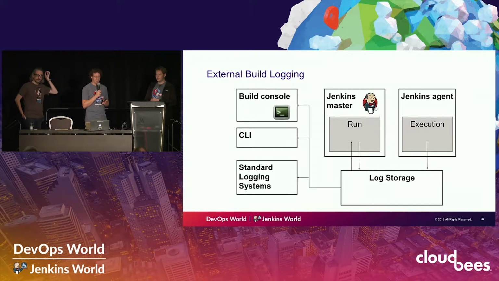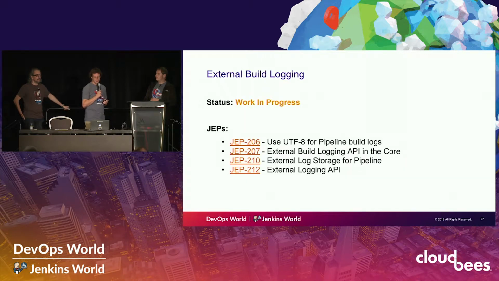But at least that's not done in every case. So this involves a number of different, somewhat tricky changes. There are some changes that need to be made to pipeline plugins to support the proper mode of streaming that we needed for this. And in order to get full support in Jenkins, including for freestyle projects and so on, there are also core changes that we have in progress to make this possible.